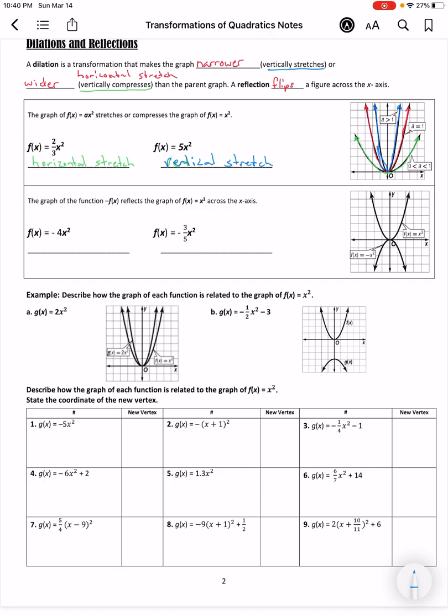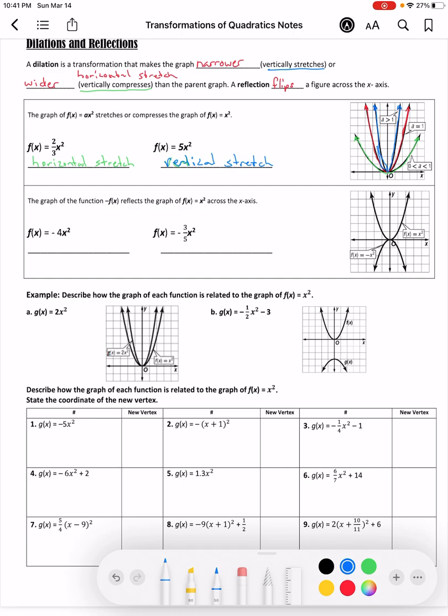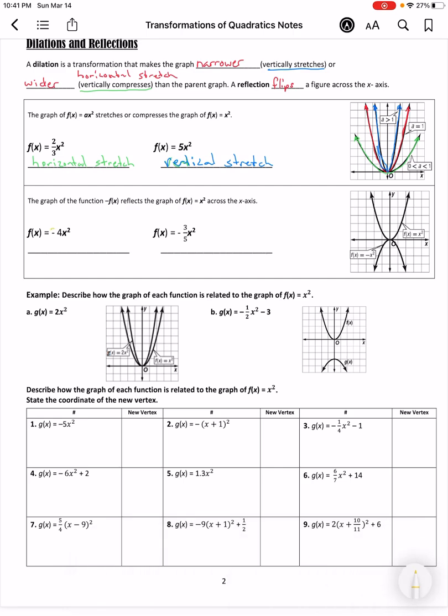Okay, and then it says the graph of the function negative f of x reflects the graph of f of x equals x squared across the y-axis. So to be a reflection, it doesn't matter what the number is. That can be a second part. But if you look here, that negative in front of both of these makes it a reflection.